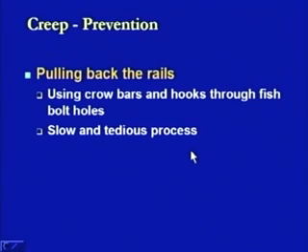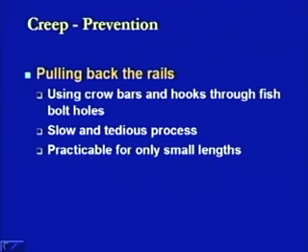It is a very difficult situation. We require a large amount of manpower and energy to do that. Therefore, it is practicable only where the creep has been induced over a small length. If it is induced in a much larger section, it is not possible to pull back the whole section using crowbars and hooks.